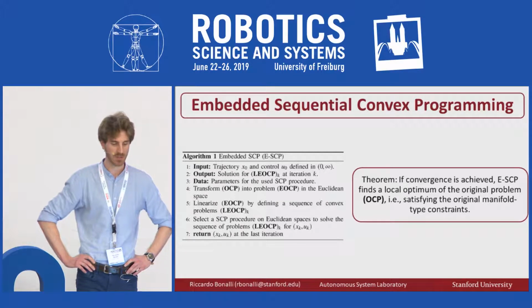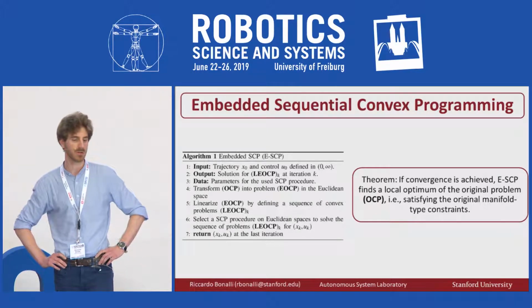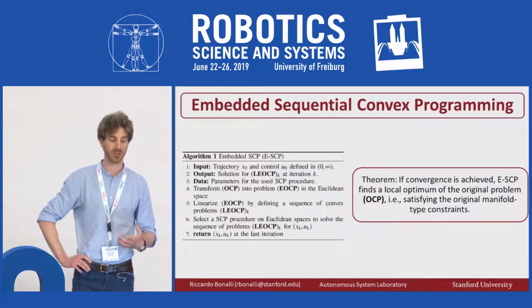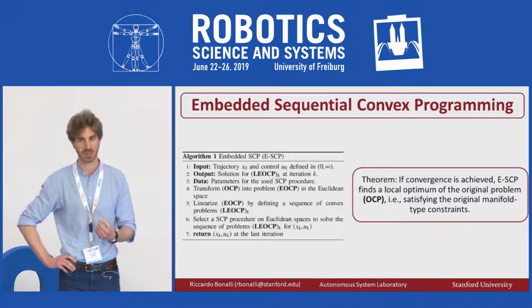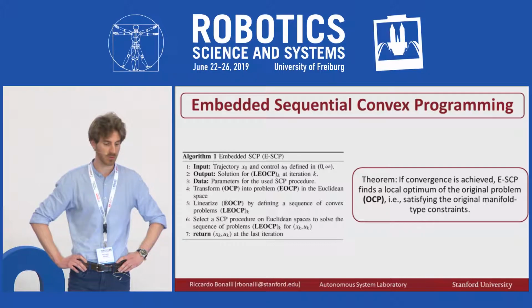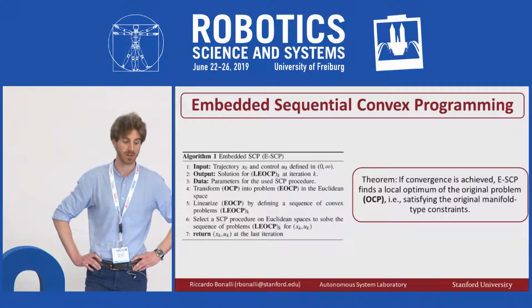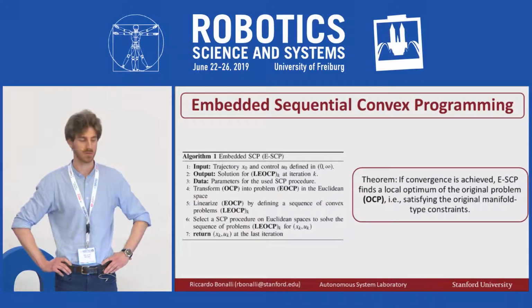Our main theoretical result states that ESCP converges to a local geometric optimum of the original problem. That is, it finds a point that satisfies original manifold type constraints and, moreover, conditions of optimality in a general strong geometric sense.